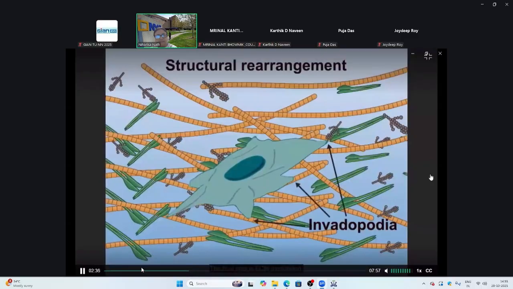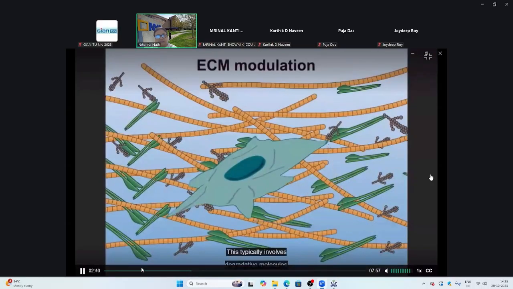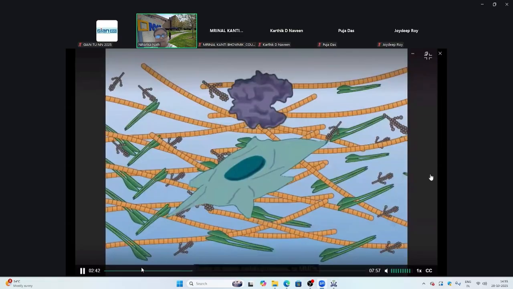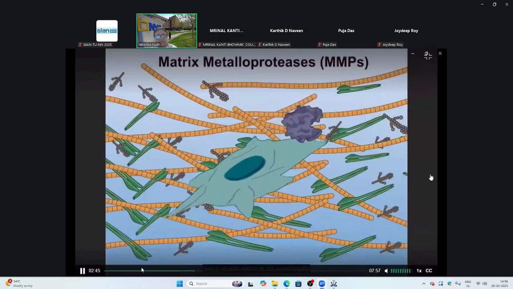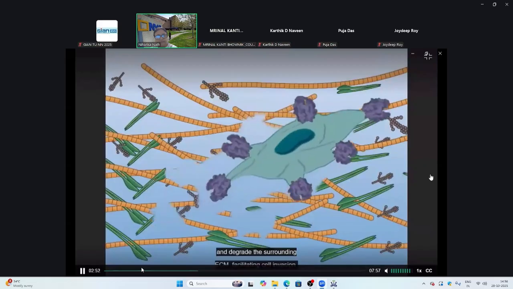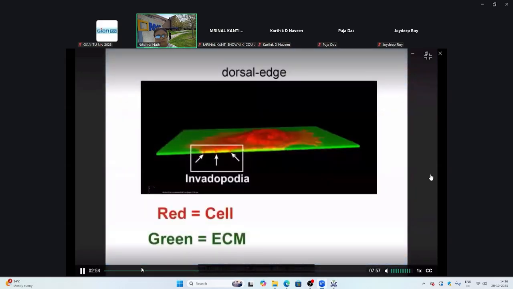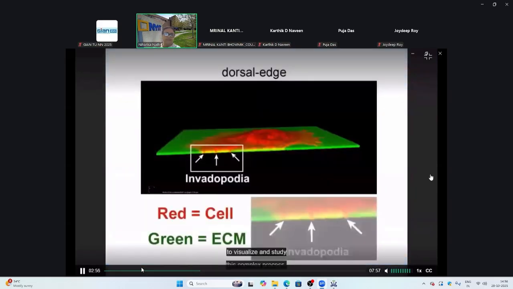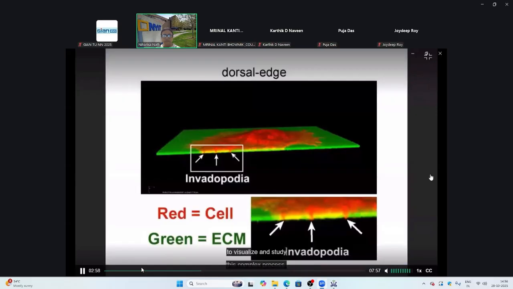The final step is ECM modulation. This typically involves degradative molecules known as matrix metalloproteases, or MMPs, which accumulate in the invadopodia and degrade the surrounding ECM, facilitating cell invasion. 3D matrix invasion assays allow scientists to visualize and study this complex process.